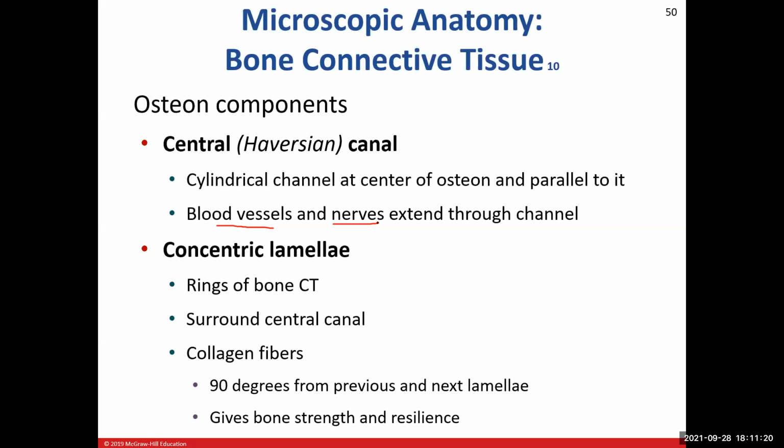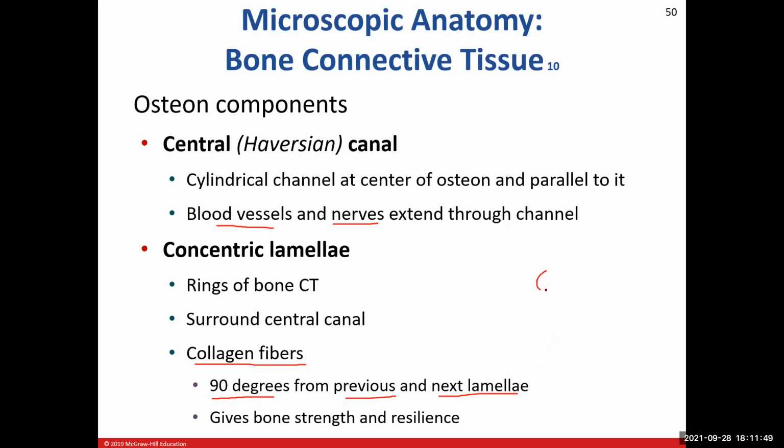But there are these rings that surround the central canal, and it's really cool because these rings are the bone matrix. But you can see in these concentric lamellae the collagen fibers, and this is really important, they're oriented at 90 degrees from the previous and the next lamellae.